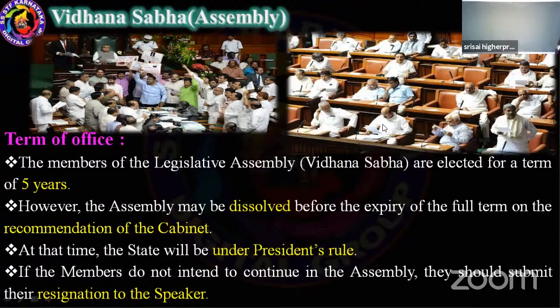Twice a year they conduct sessions to discuss state issues or state problems. During this, the speaker has to lead all. He is the leader of the legislative assembly. He will take care of all the activities that run in the session, and which committee will conduct twice in a year.